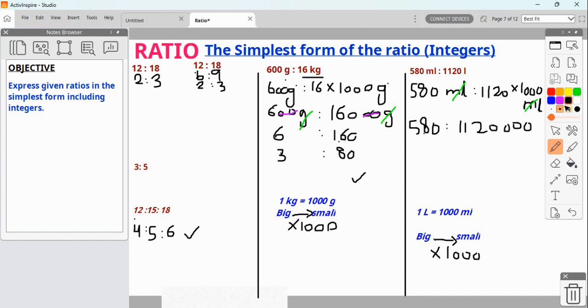So now we can see here it is 580. This 0 can be cancelled by this 0, or you can understand we divided both the numbers by 10. So what we got now, 58 ratio 112,000.